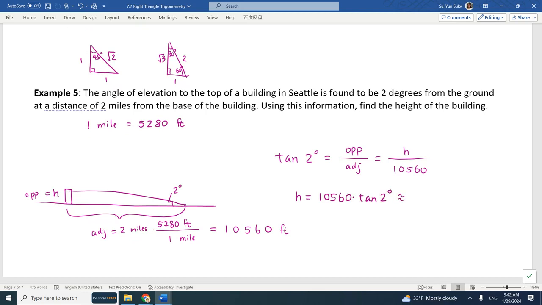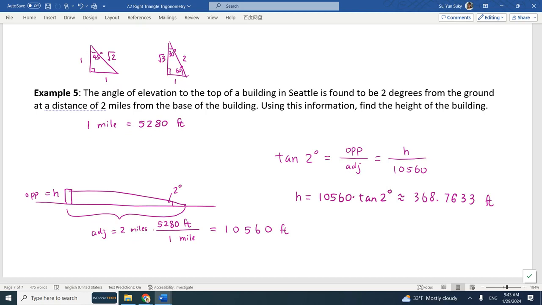Put this in your calculator and give me 4 decimal places. 368.7633. And what's the unit? Feet. Yeah, very good. So that is the height of the building.